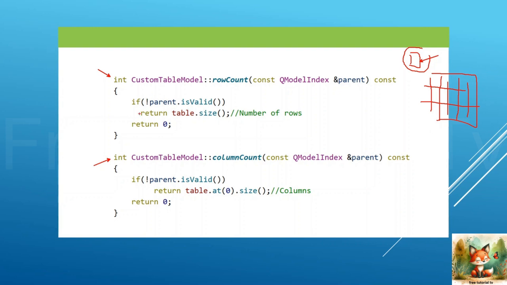So the question we are really asking here is if the parent of the item we are interested in is root. And if the parent happens to be root, we are going to know that this is our first level table, and we will return the data we have. So row is going to be however many things we have in our table.